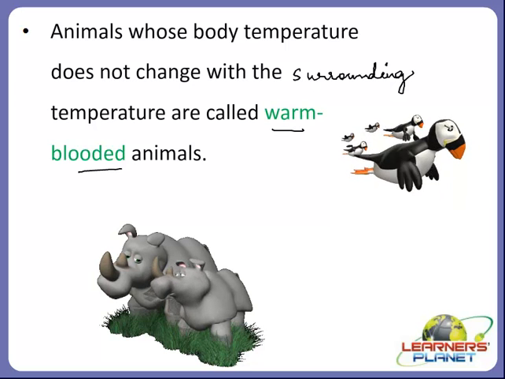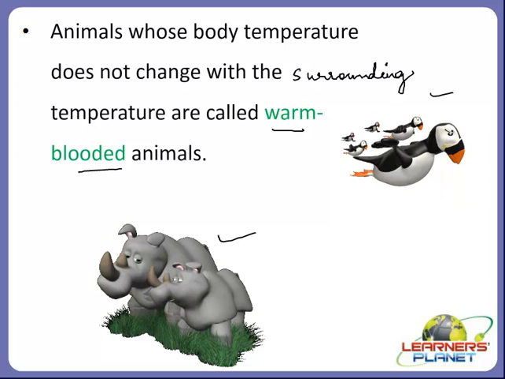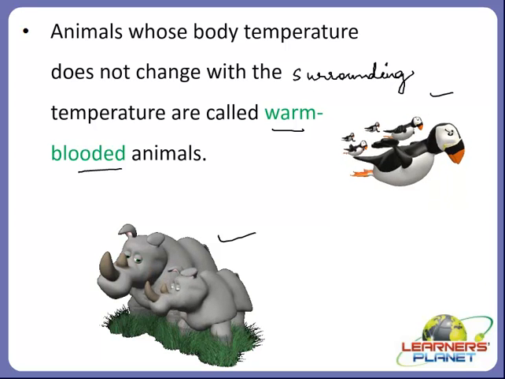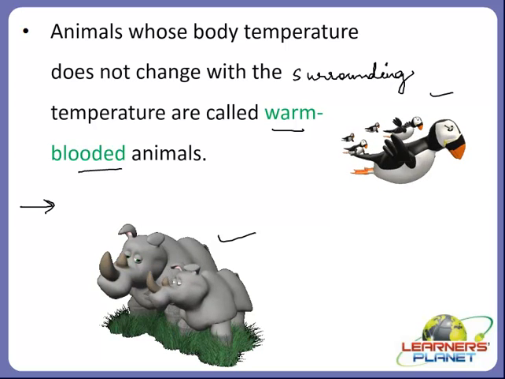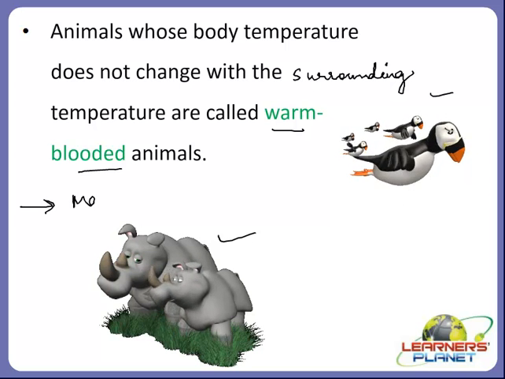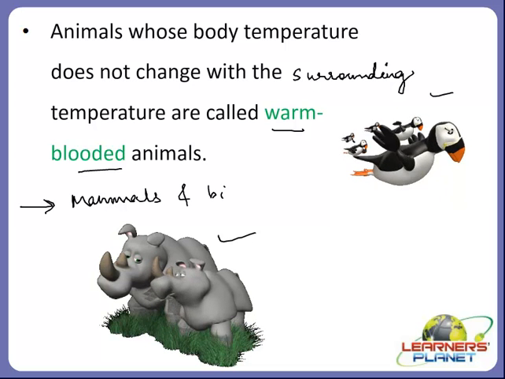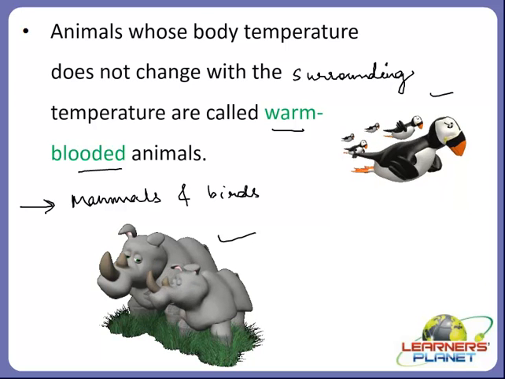For example, birds, and this is a picture of a rhinoceros. So most mammals and birds are considered to be warm-blooded animals. They are warm-blooded animals.